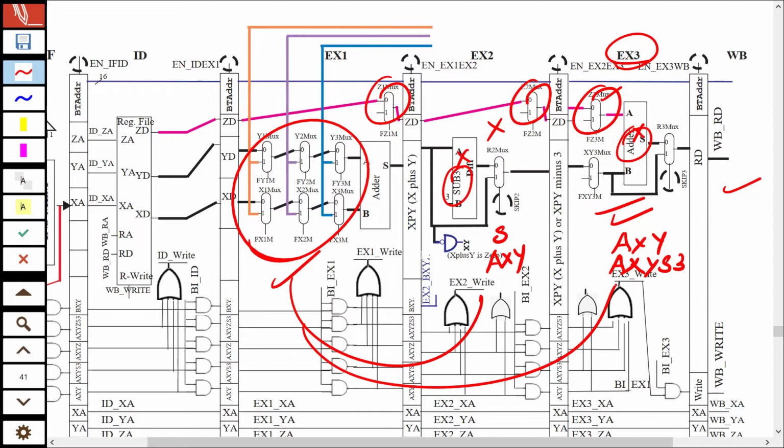And since subtract 3 and adding Z is over and above this necessary operation, so you don't forward once you come into this or this. Oh, how come you can forward here? Let's see. That is xy subtract 3.